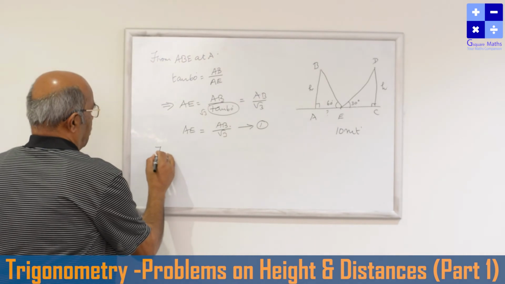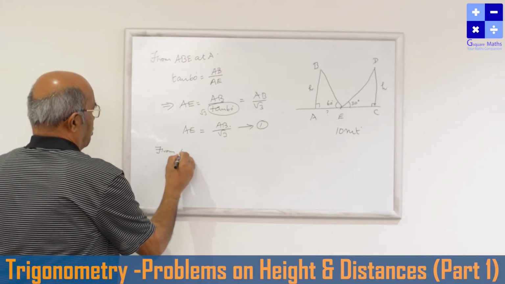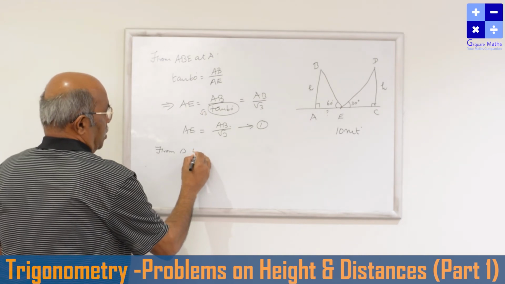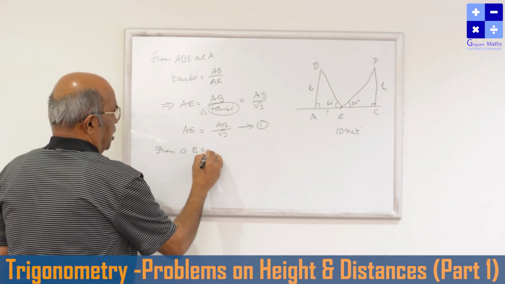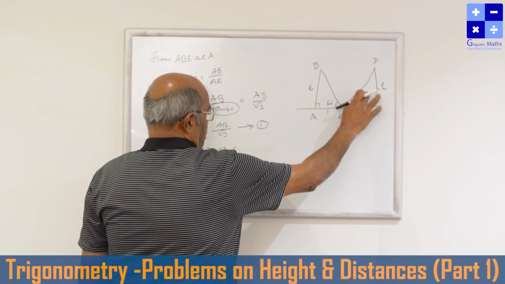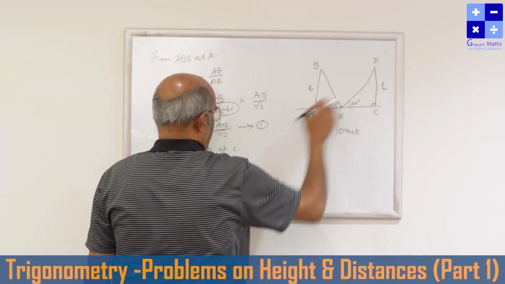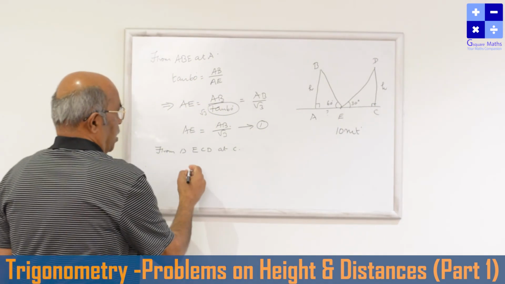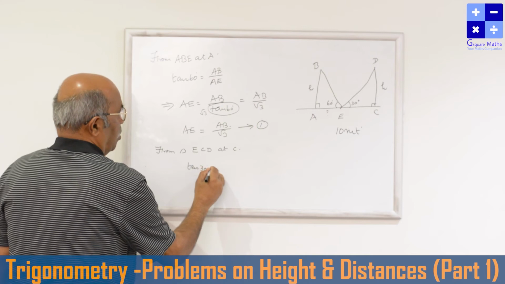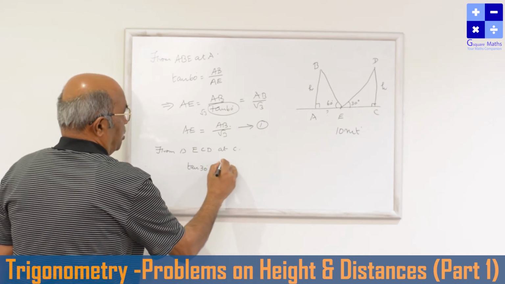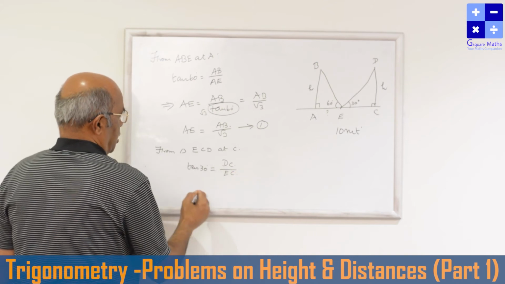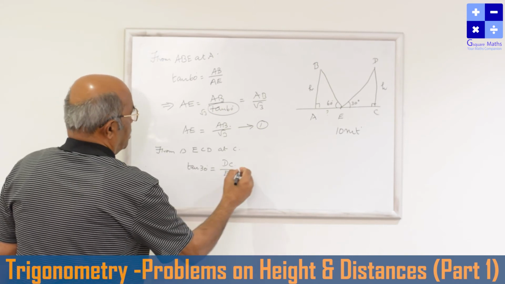So the same thing from triangle ECD, right angled at C. Tan 30 is equal to DC by EC, where DC is equal to h.